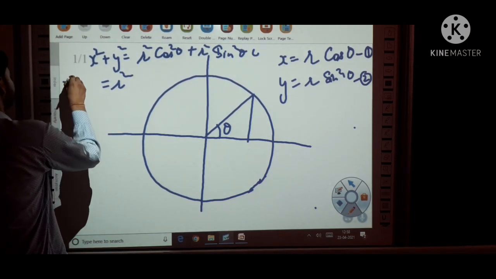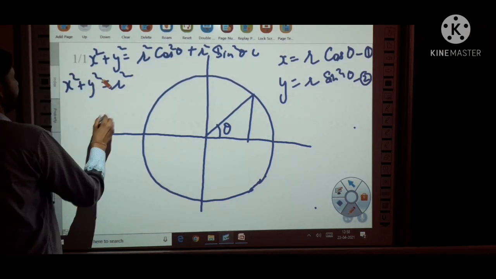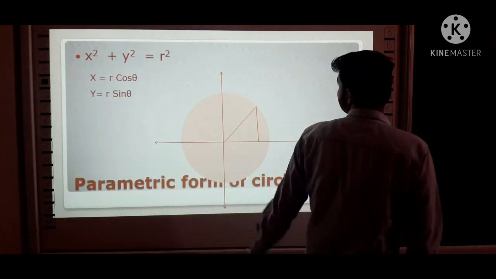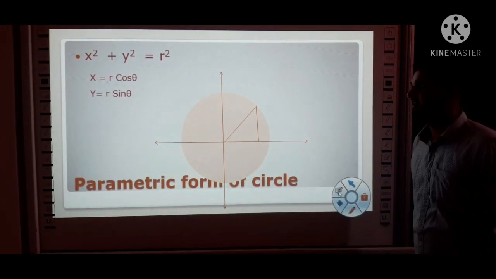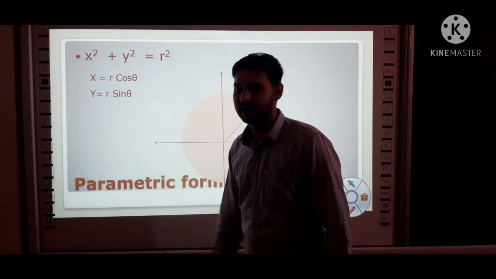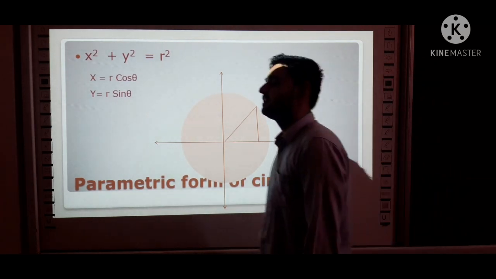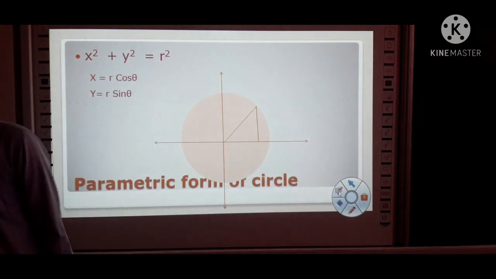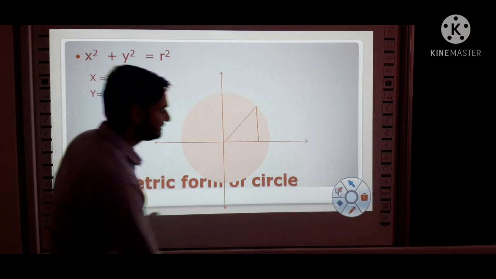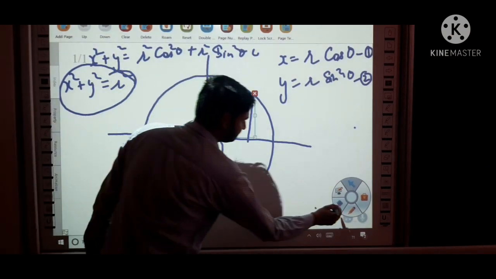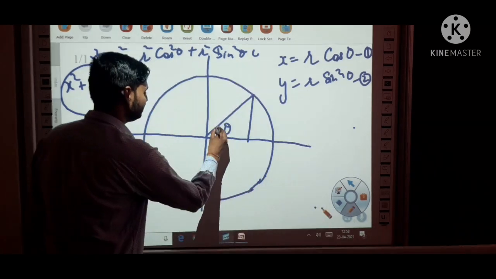So our equation will become x square plus y square is equal to r square, and this is the parametric form of the circle, where the value of x is r cos theta and the value of y is r sin theta, and theta is this angle.